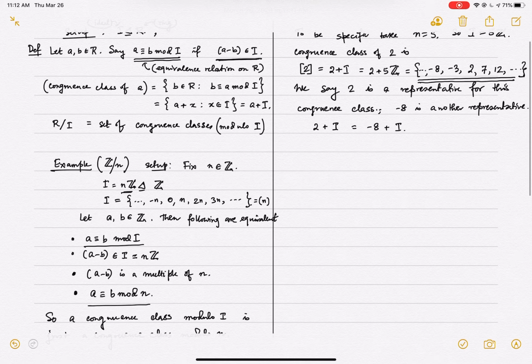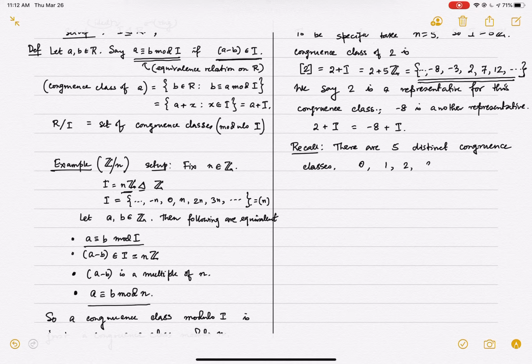So I'll recall some of the things that we know about these congruence classes. There are 5 different distinct congruence classes. You can represent them by 0, 1, 2, 3, 4.